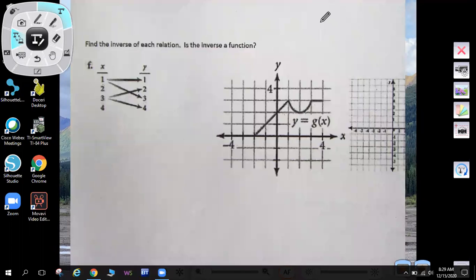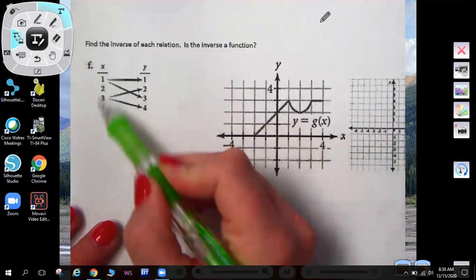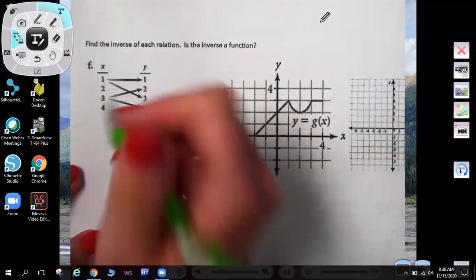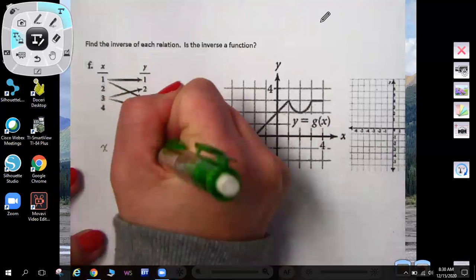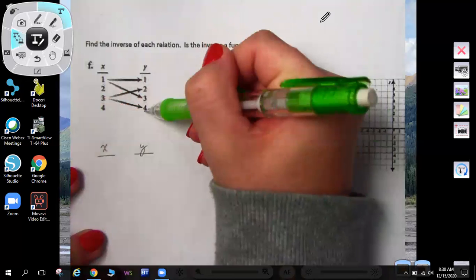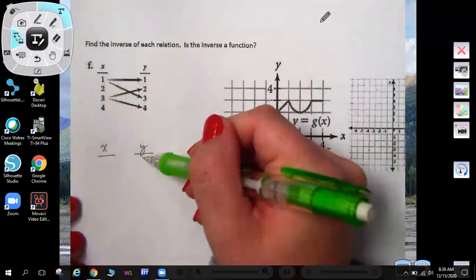Okay, it says find the inverse of each relation, and then it asks, is the inverse a function? So the first thing we have to do is find the inverse. This first thing that we have, just a chart of x and y values. So to find the inverse, we need a new chart. The numbers in our y column become our x numbers, and the numbers in our x column become our y numbers.